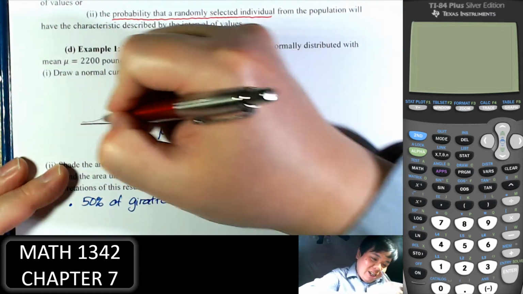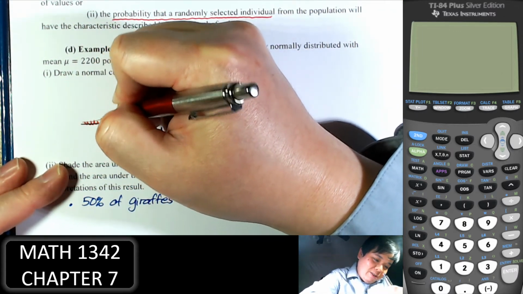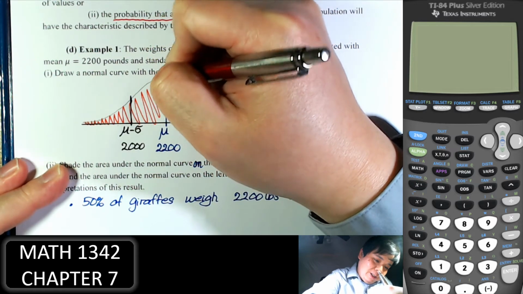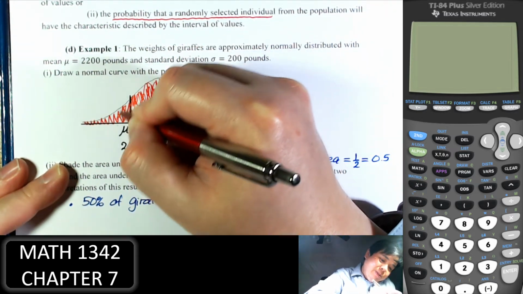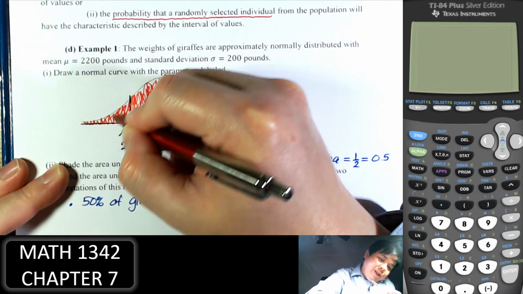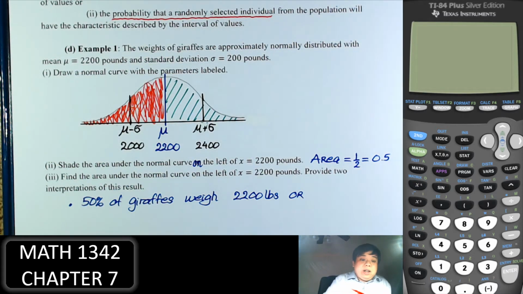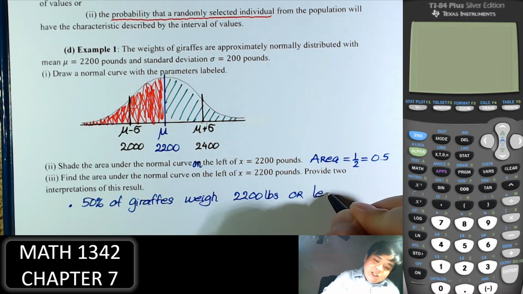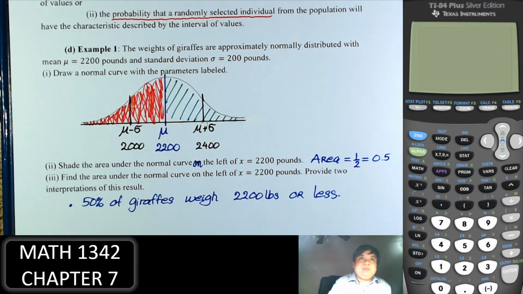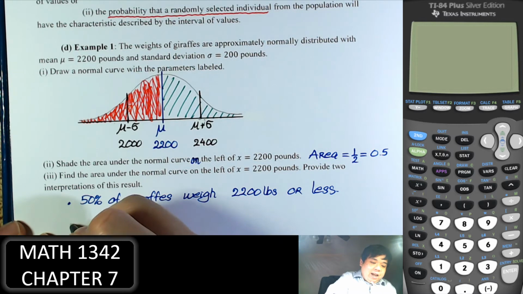Okay, so not that, we talk about the area on the left. Sorry. Yeah. The good thing is, it's on the left, the area is still 50%. And we say 50% of the giraffes will weigh 2,200 pounds or less, because that's on the left. Right, and then next.